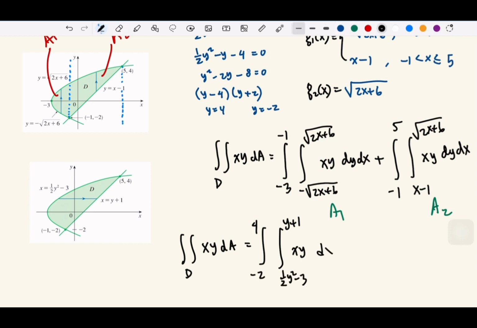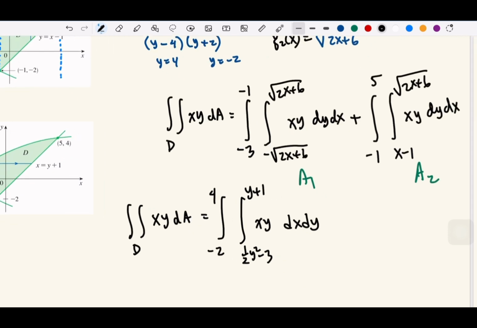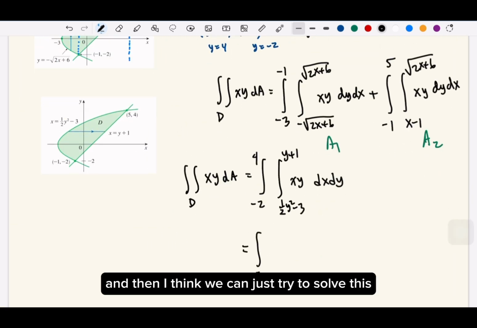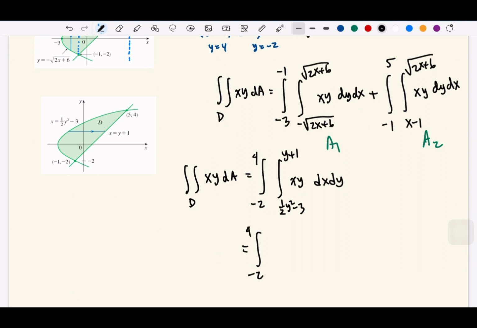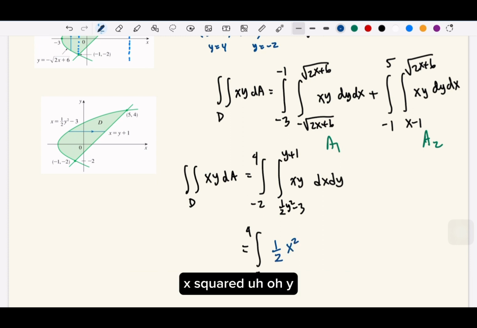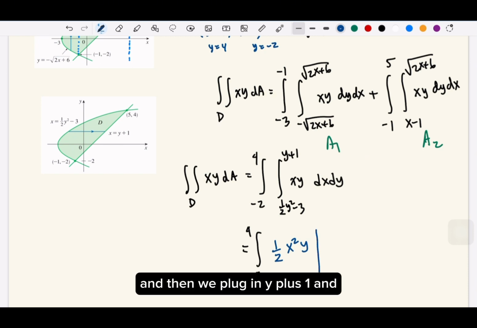Then we solve with respect to x first. So half x squared y, and then we plug in y plus 1 and half y squared minus 3 for x.